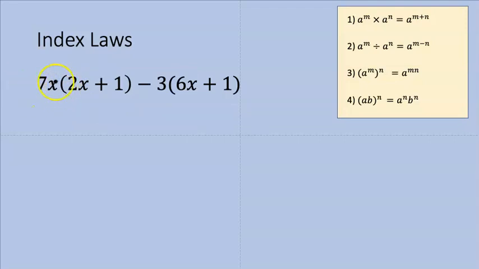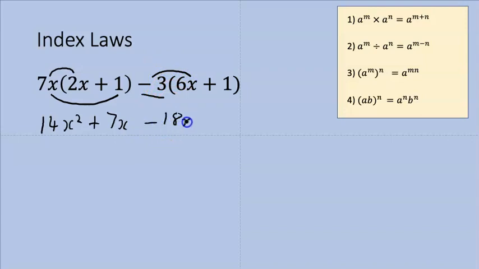And then D, this is just an expand and simplify. So do the same again. 7 times 2x is 14x squared. 7 times 1 is plus 7x. When I deal with the minus 3, I'm just going to deal with it by itself. Minus 3 times 6x, that's minus 18x.